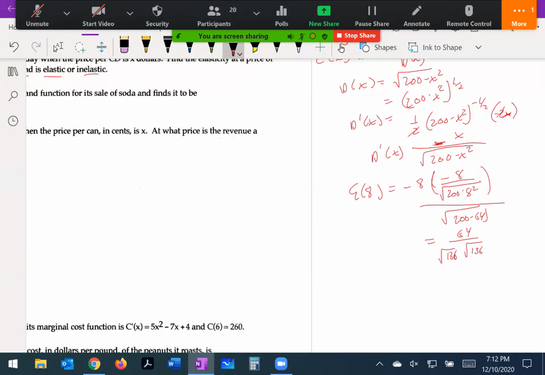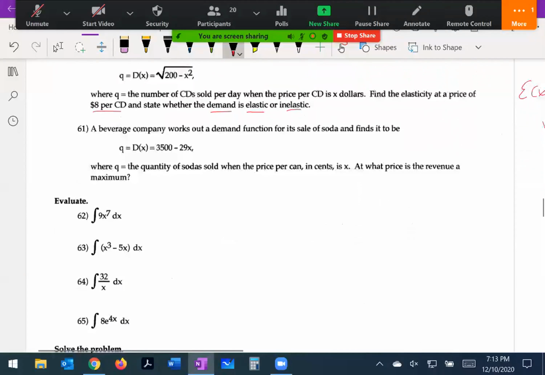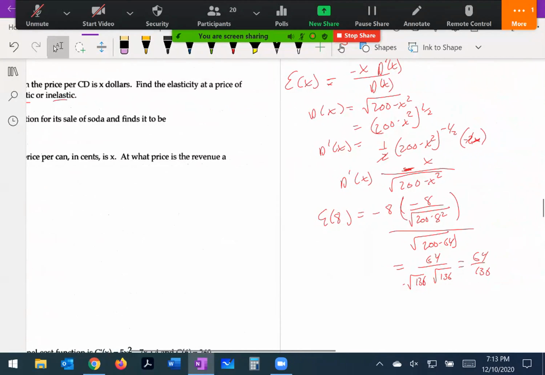If I square that, that just becomes 64 over 136. And so what number was this again? It was 60. Okay. So what is 64 over 136? This is approximately 0.47.